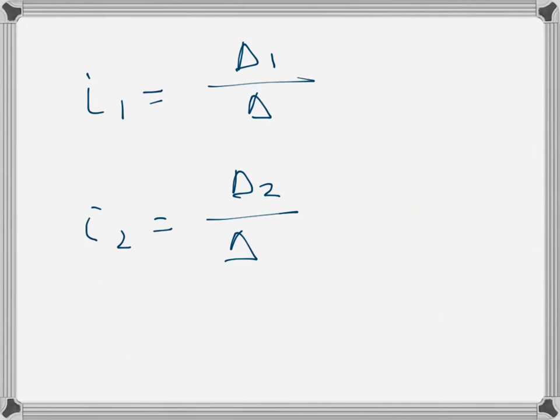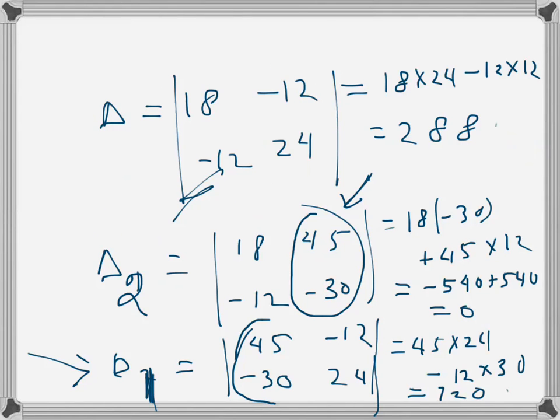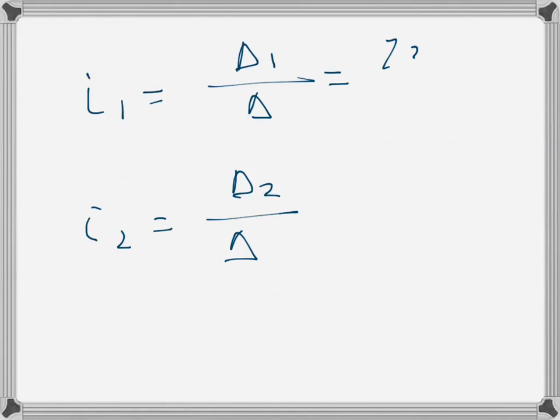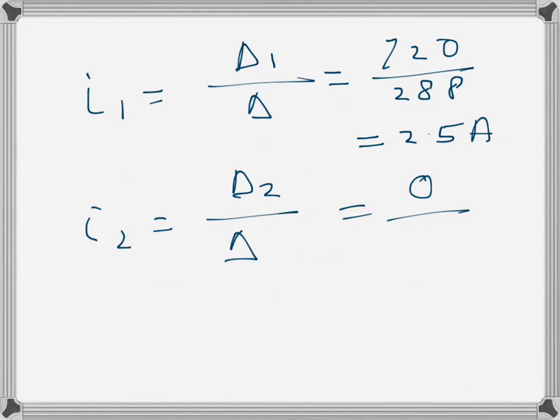So I1 is 720 over 288, which is 2.5 amps, while delta 2 is 0, so the current I2 is 0. So we have both the currents, and we have applied Cramer's rule, the determinant method, for solving the linear equations.